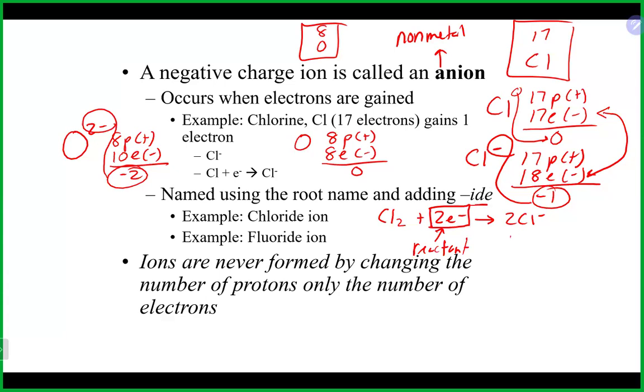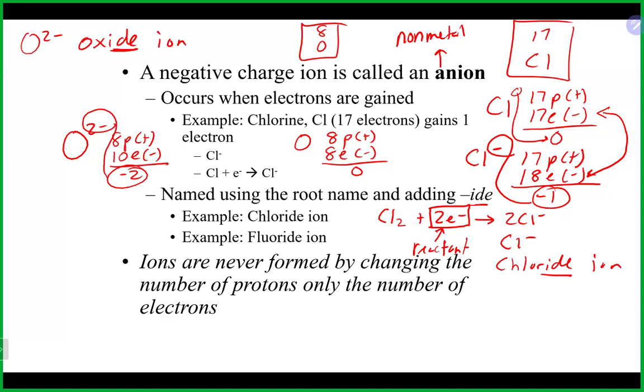So Cl minus, instead of being chlorine, drop the last part, is the chloride ion. Oxygen with a -2 charge, we drop a little bit more than the last part of oxygen, and we replace it with IDE. This is known as the oxide ion.